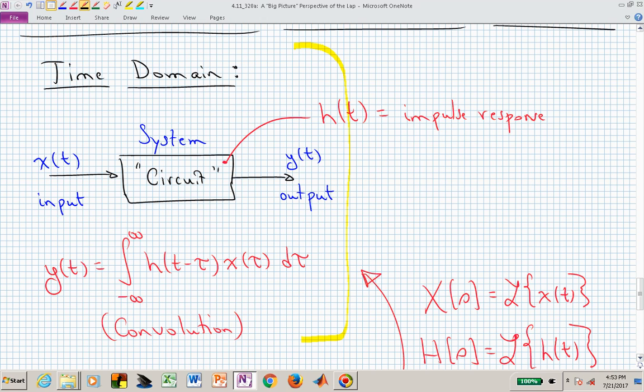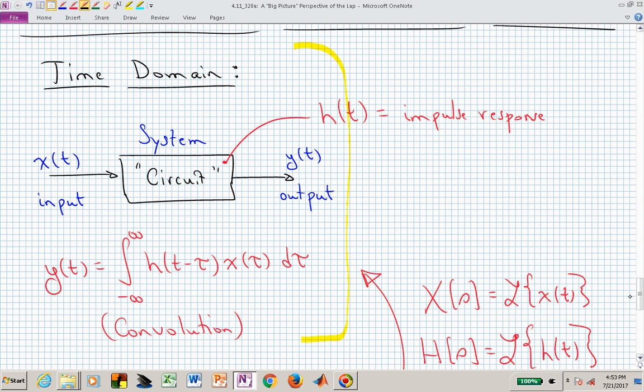We can use that in the convolution integral to determine what the output would be for a generic input x of t, not just the impulse. If x of t were the impulse, then the output y of t would be the impulse response because of the way the impulse function sifts out what's inside the integral.